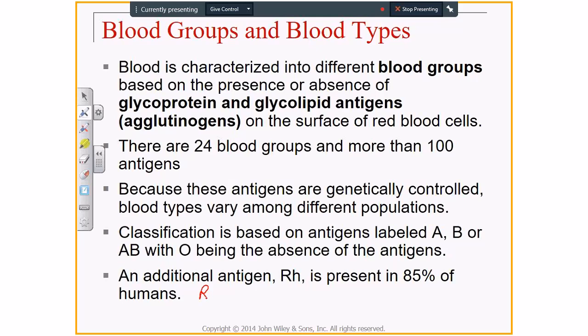Rh positive means you have the protein. If you are Rh negative, you do not have the protein.